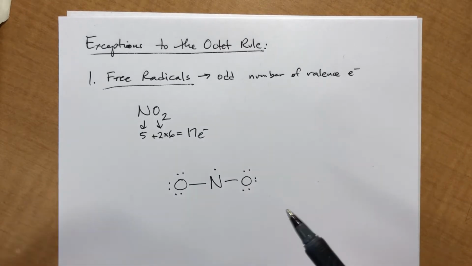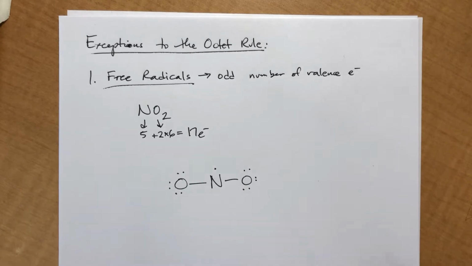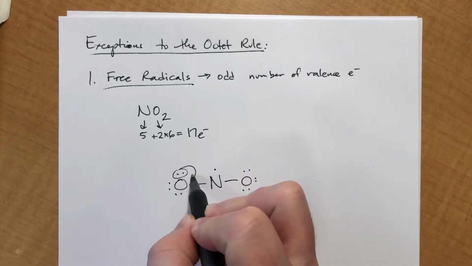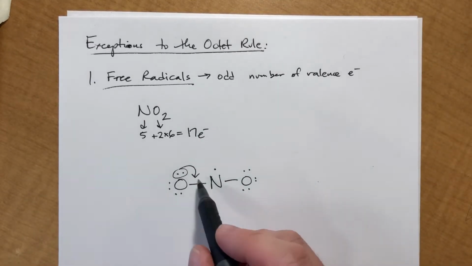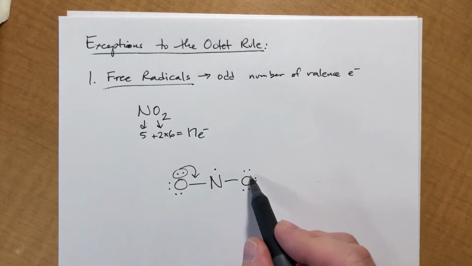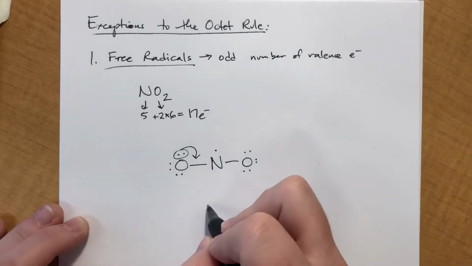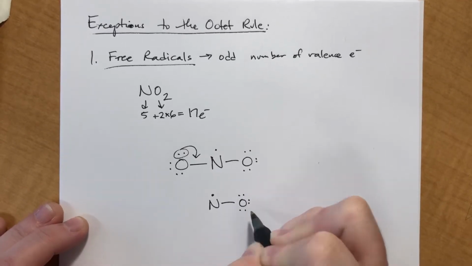The next rule is to check for octets. This has 2, 4, 5. So we can form a double bond. I'm just going to arbitrarily pick one of the sides. Doesn't matter, which means we should have resonance structures for this. That would give us 7. We can't form another double bond because that would give us more than 8, and we can't have more than 8 for nitrogen. Okay, so the answer for this is this.